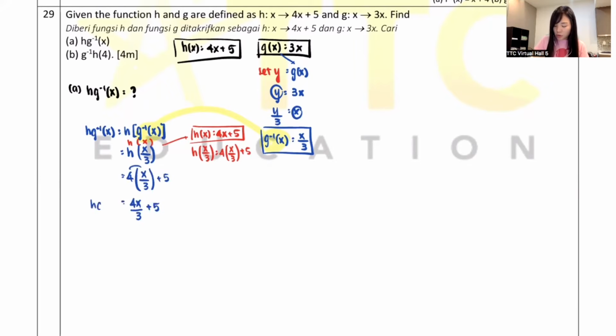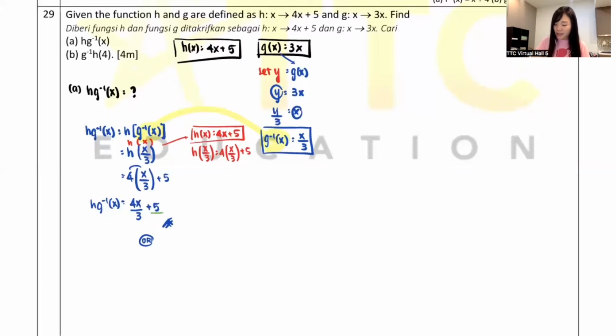So guys, you can stop your answer like this also. Some of my students will combine them together into one fraction. You can combine, or you don't have to. But just in case some of you want to combine them, I'll show you how. Whenever you want to combine a fraction and a non-fraction, you actually learned this in primary school. You just need to make them the same denominator.